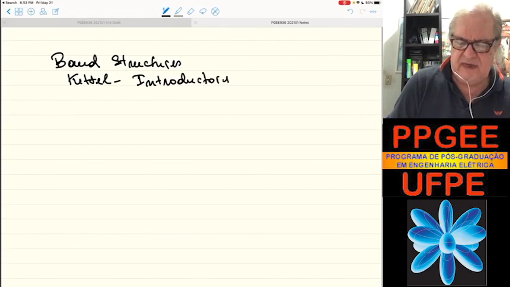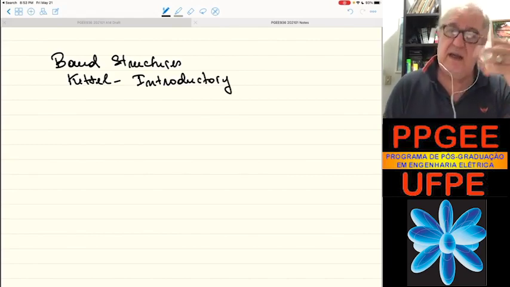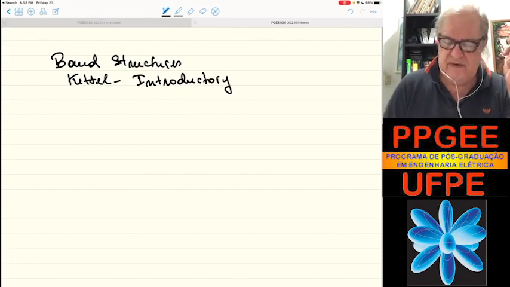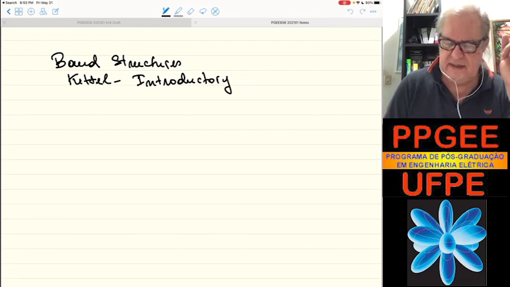It talks about different aspects of material media, including electric conduction, and it has the band structure of solids.